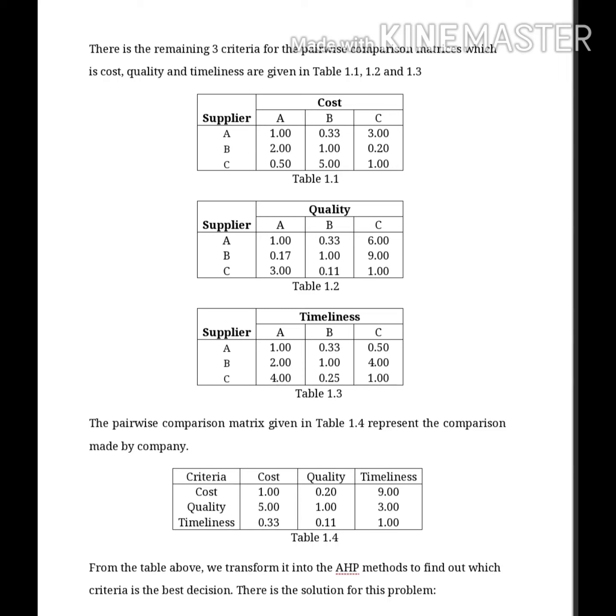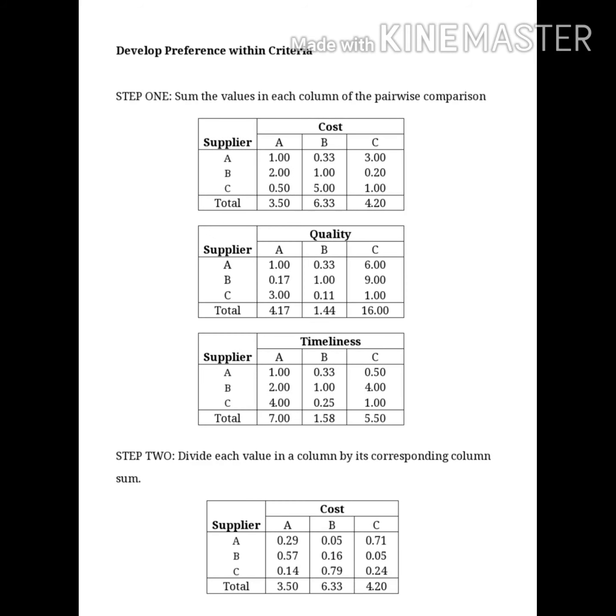From the tables above, we transform them using the AHP method to find out which supplier is the best. That is the solution for this problem. First, develop preference within criteria. Step 1. Sum the values in each column of the pairwise comparison.